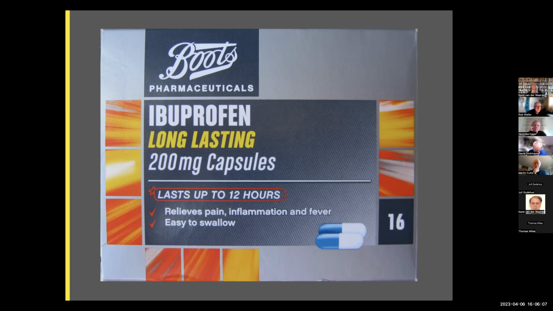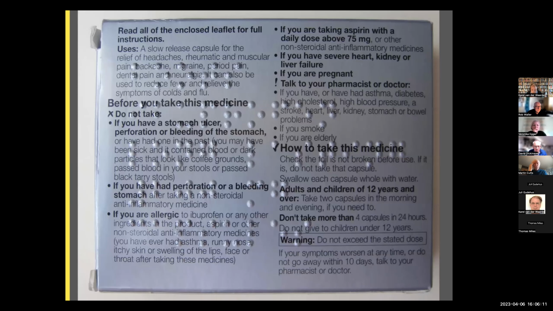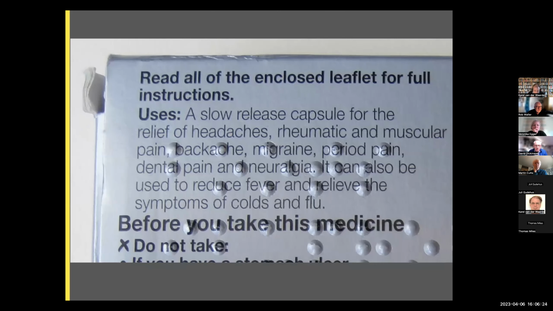But I had a splitting headache, so I need to figure out if this is the right type of box for that. So I look at the back of the packaging, and I'll zoom in on the top left-hand corner. It states, read all of the enclosed leaflet for full instructions, as the first line.